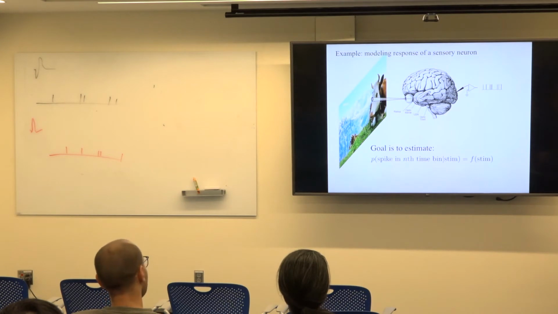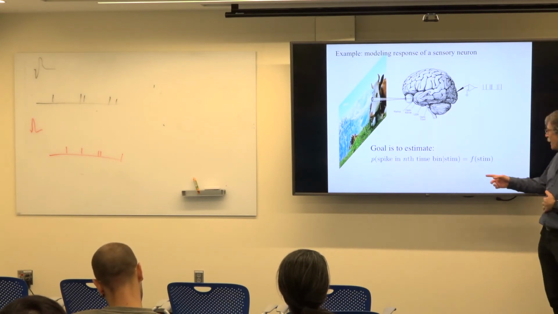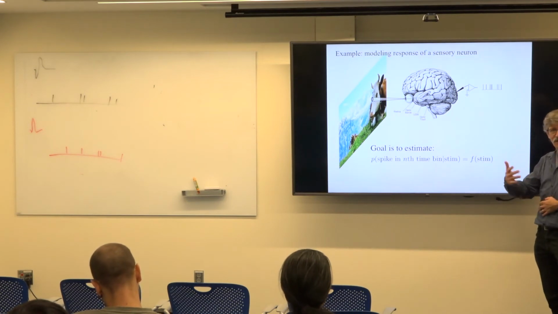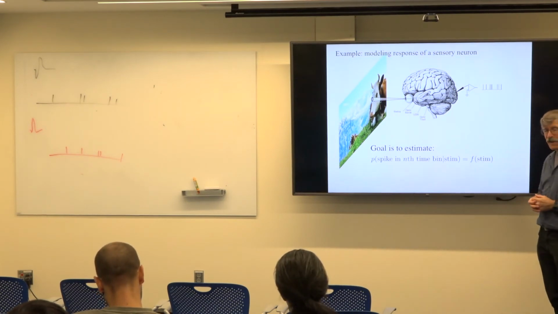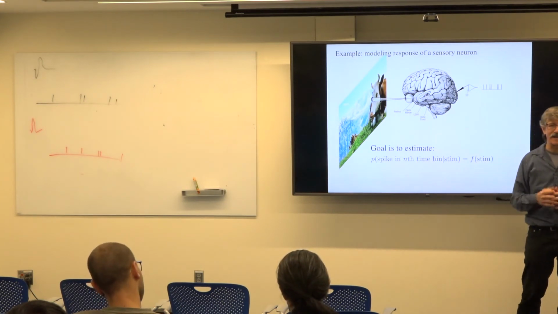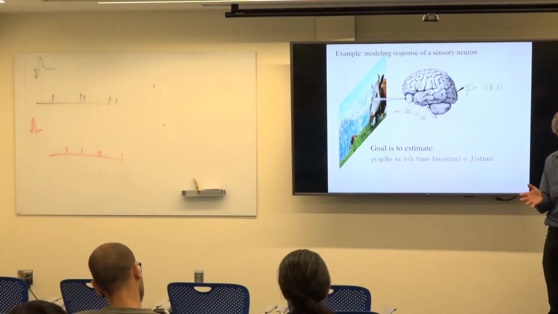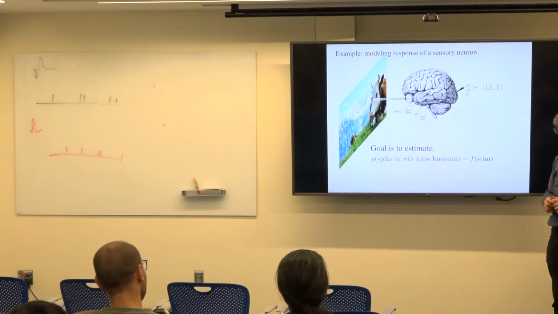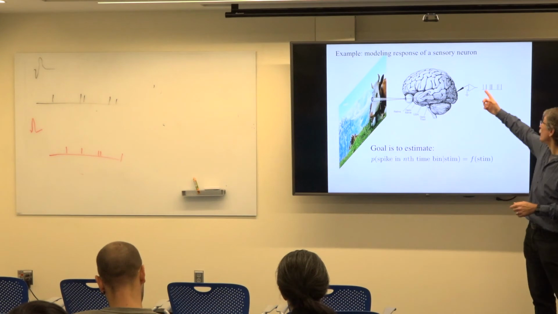So the goal is to say, if I give this stimulus, and the stimulus is a movie, a continuous change of a bunch of pixels, what's the probability that at any given moment I'm going to get a spike? And that's my model. And since it's a probability distribution for spikes, then when I actually get spikes, I can get a likelihood, right? Because I've got a probability of spiking each time, and I got spikes.